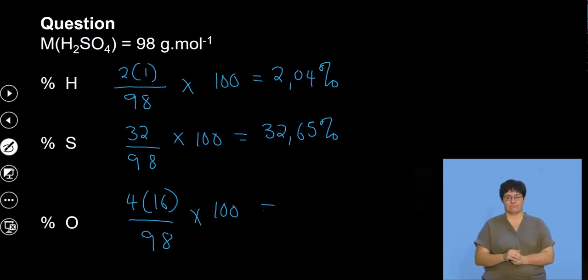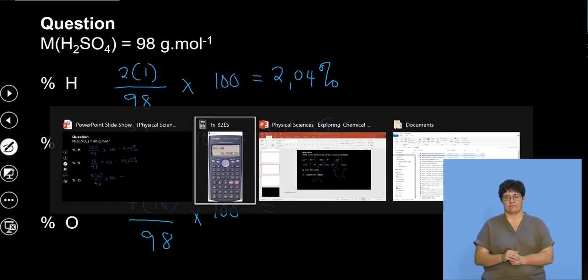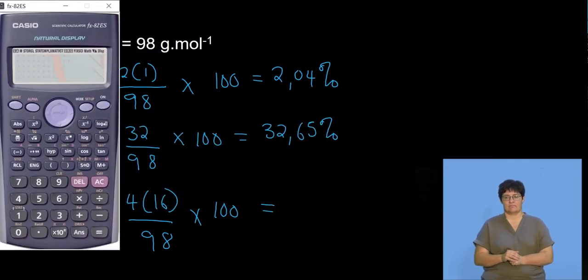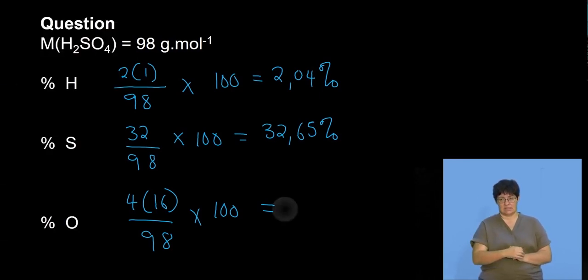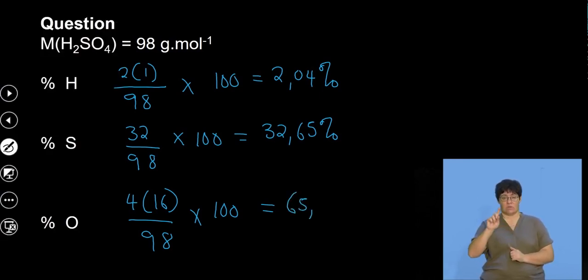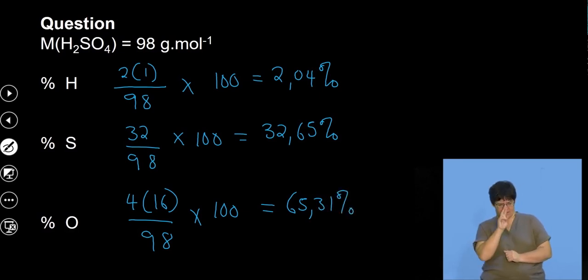On the calculator, 4 multiplied by 16, divided by 98, multiplied by 100, gives us the percentage of oxygen, which is 65,31%.